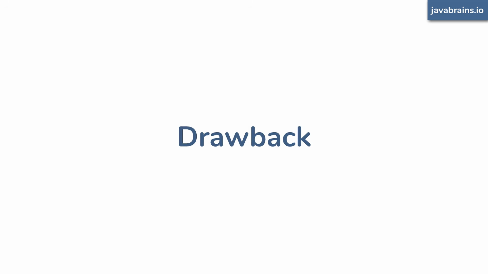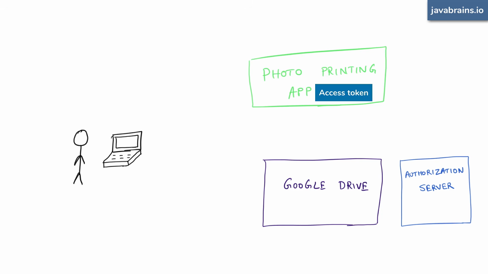What is the drawback? The photo printing application has the access token, and it's using that access token anytime it wants to contact the resource server. Now, the only thing that's needed to access the resource server is that access token. Imagine someone else gets access to the access token. Well, then they can impersonate this particular service and access the Google Drive.